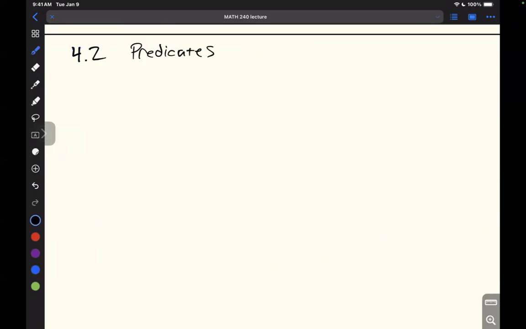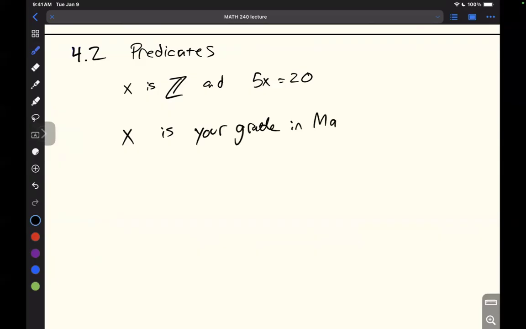And so we've seen things before where something like x is an integer and 5x is equal to 20, or like you can say x is your grade in Math 240, which is fine.